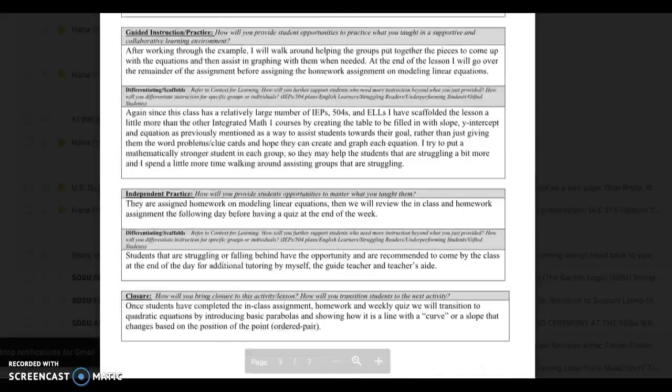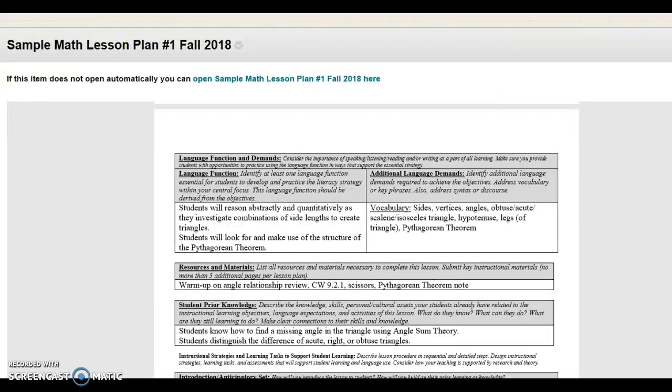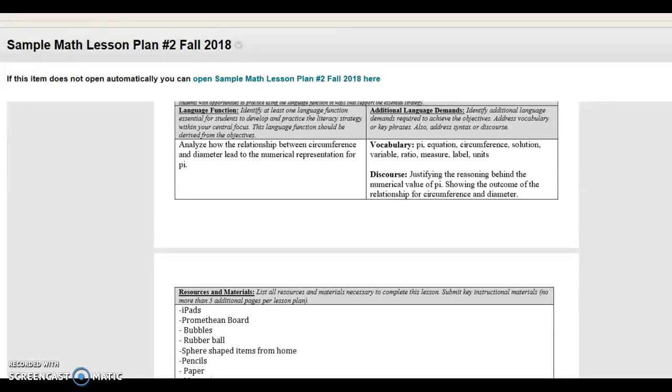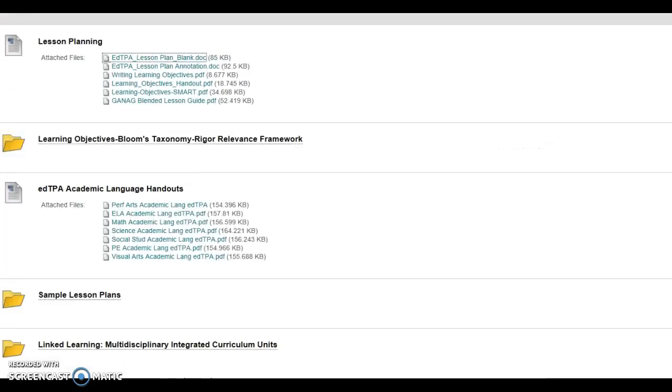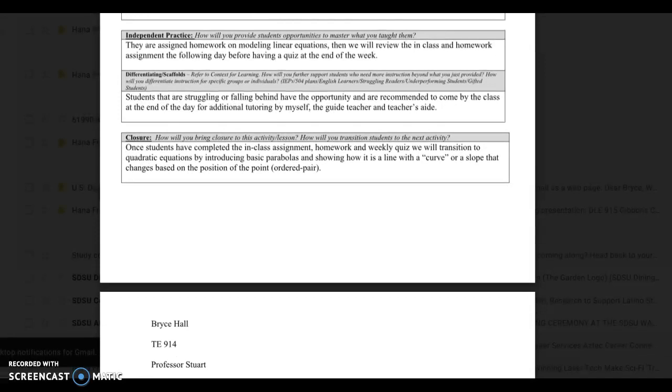So, as you can see, I took a lot of the ideas from the sample lessons, sample lesson 1 and then 2. But I spoke with my guide teacher on this particular course, and she helped me plan out this lesson plan that I did for Math Methods.